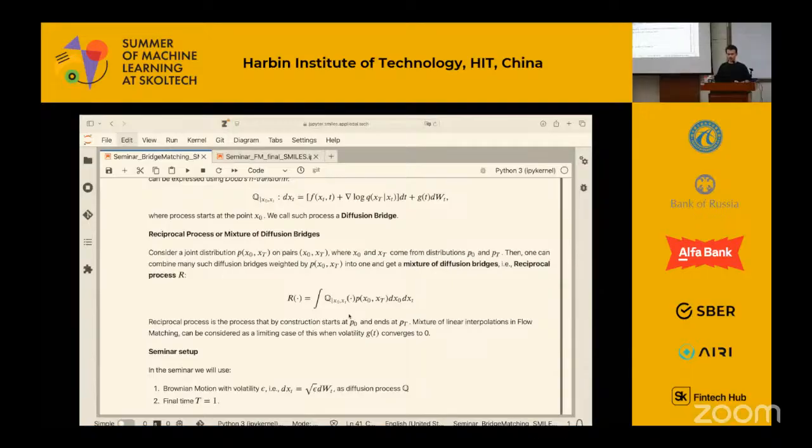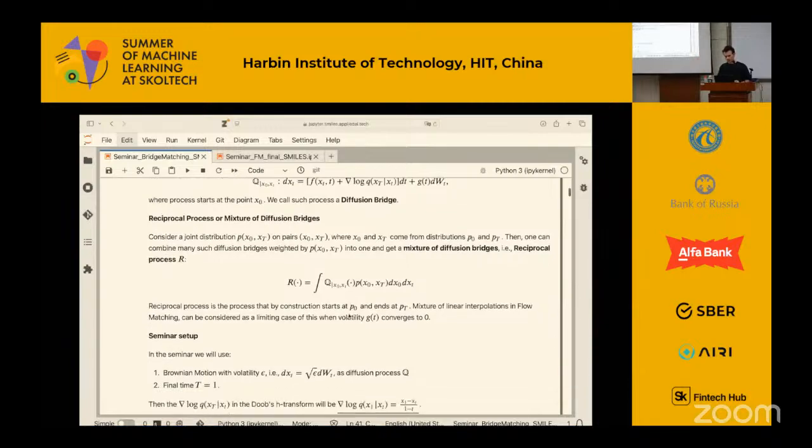We just do not have a way to sample xt given x0 from it. So what we want here is to take this wonderful mixture process and learn a stochastic differential equation that is very similar to this mixture process and that we can actually sample from.